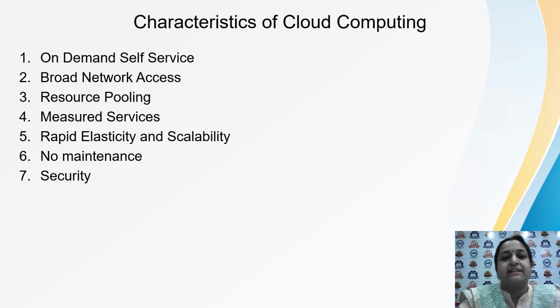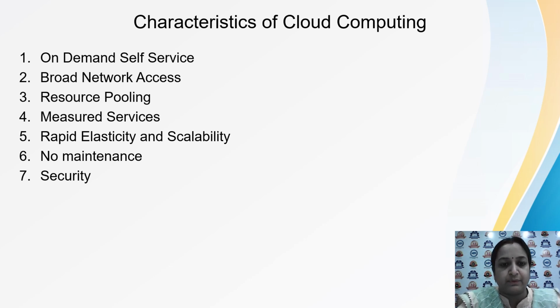Then the next one is the characteristics of cloud computing. Now, this is a very important basic part when we talk about cloud computing. What are the basic characteristics? On-demand self-service. That is, there is no intervener here. You can directly demand and access a particular software or a database or anything like that. On-demand self-service, that is the meaning of this point.